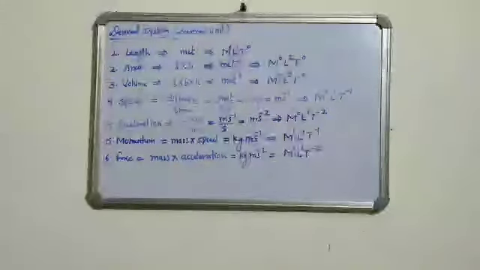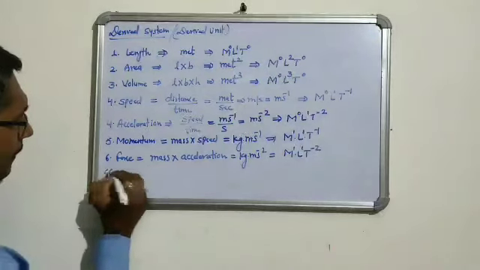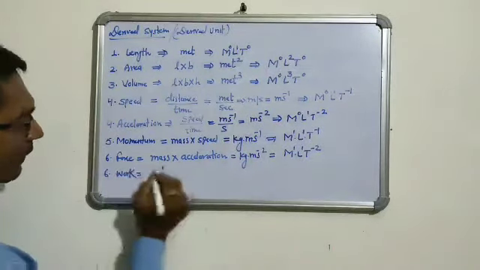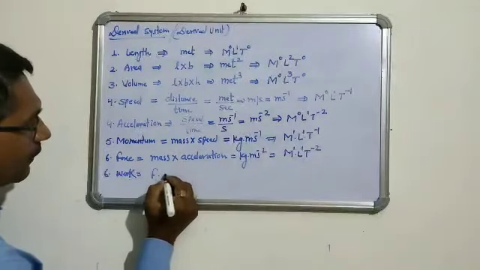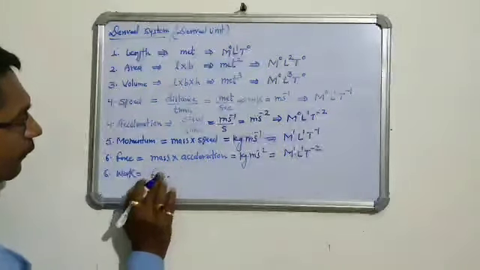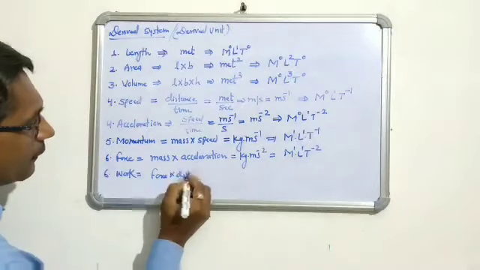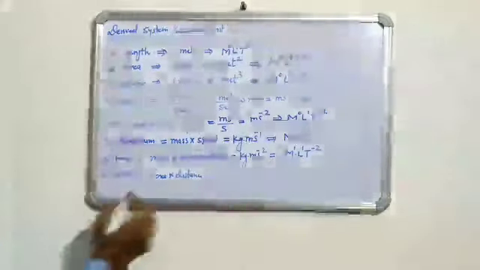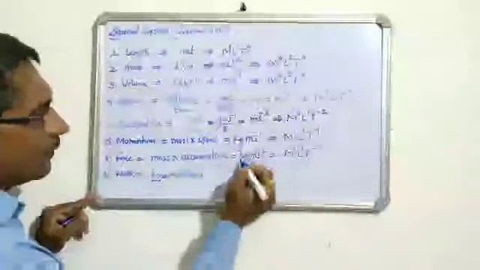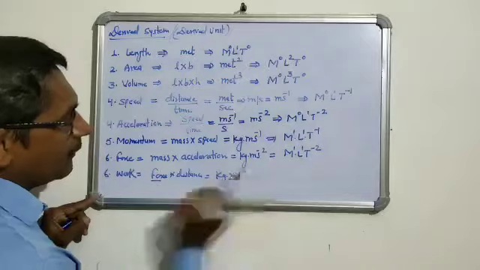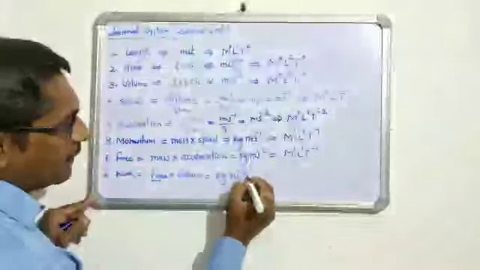Okay, now work done. Work equals force into distance. So the unit of force is kg meter per second square and distance is meter.